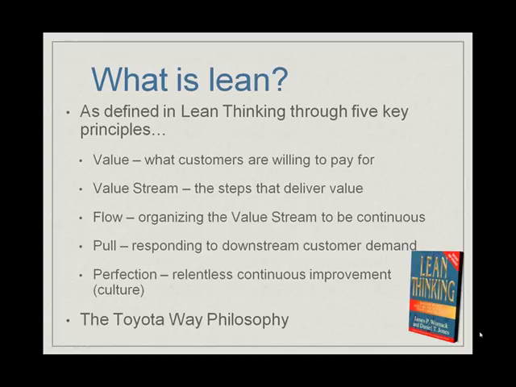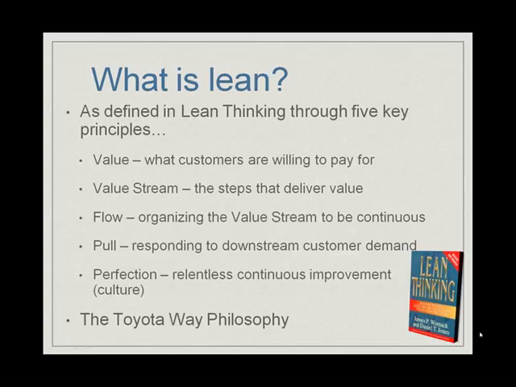There's really five key principles to lean. The first is value. We have to look at what customers are willing to pay for. Next, we want to look at the value stream. These are the steps that deliver that value to the customer. Next, we look at flow. How can we organize this value stream to be continuous? Next is pull, responding to downstream customer demand.